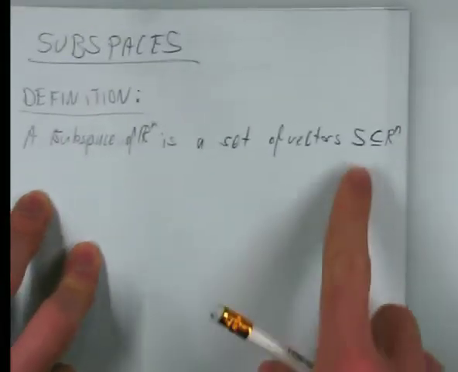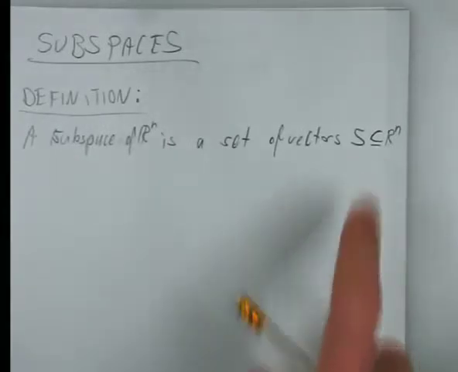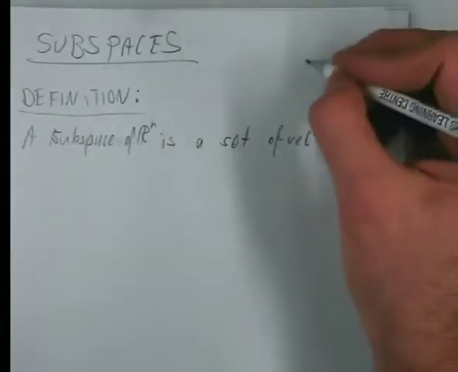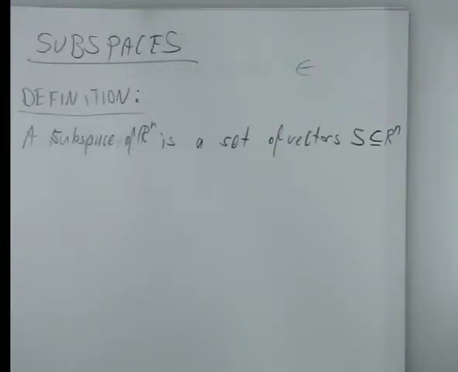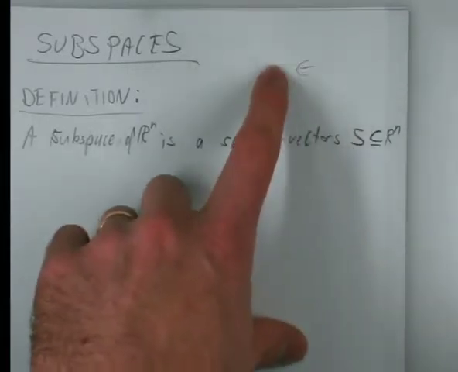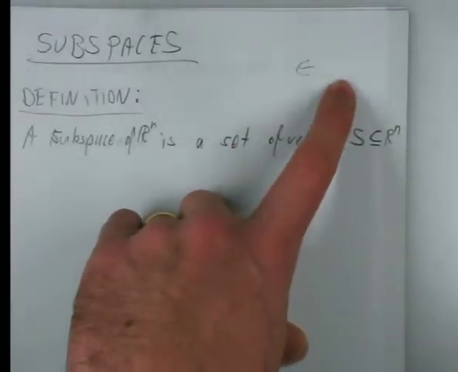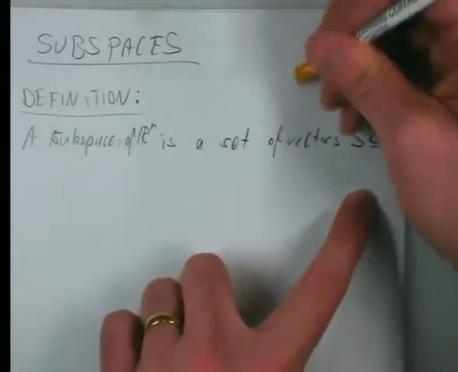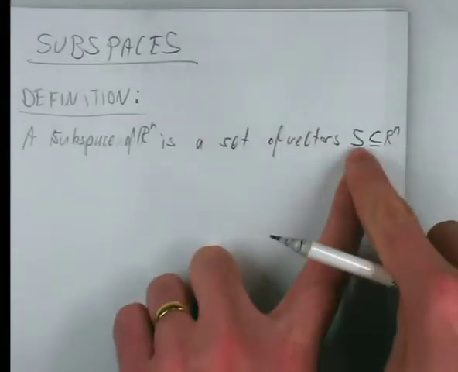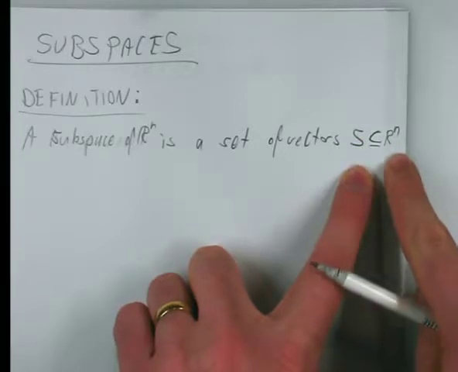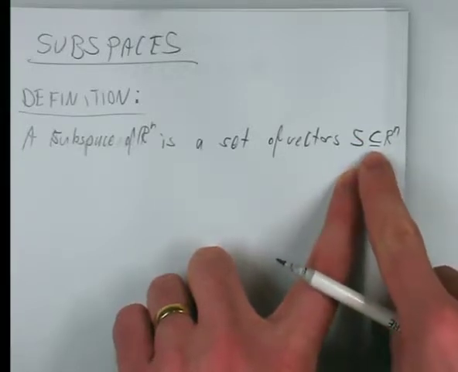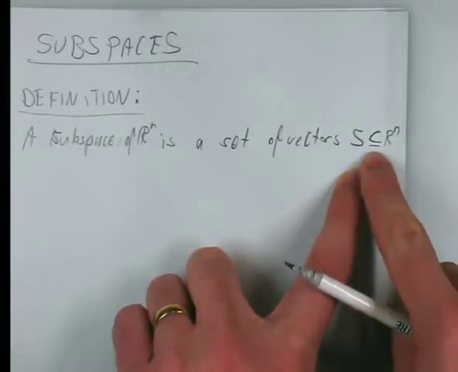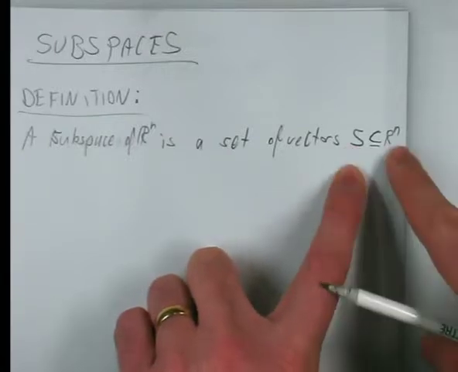So this symbol here, it's different to the one I wrote before. The one I wrote before was this. And this is reserved for a small object being inside a big set, a vector being in a set. This symbol is designed for a set being inside a bigger set. So this is the in for sets, because this S is a set and so is this Rn.